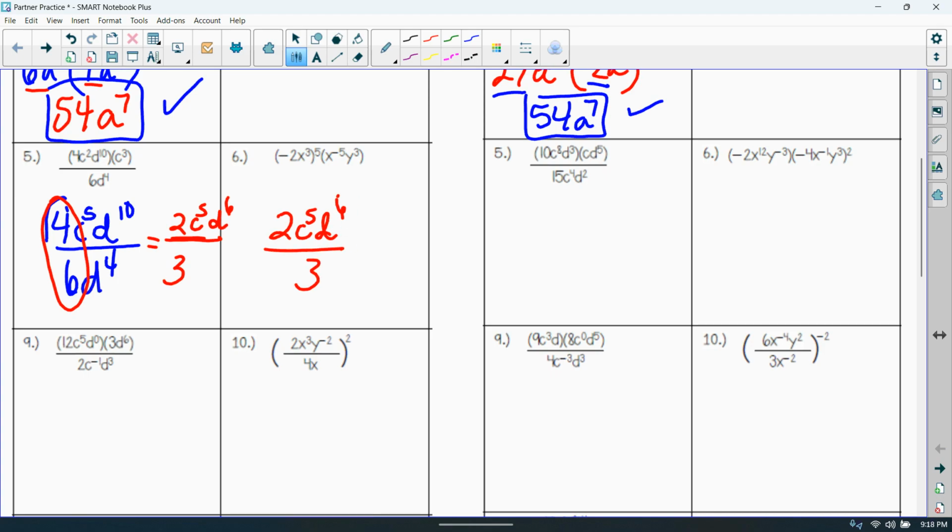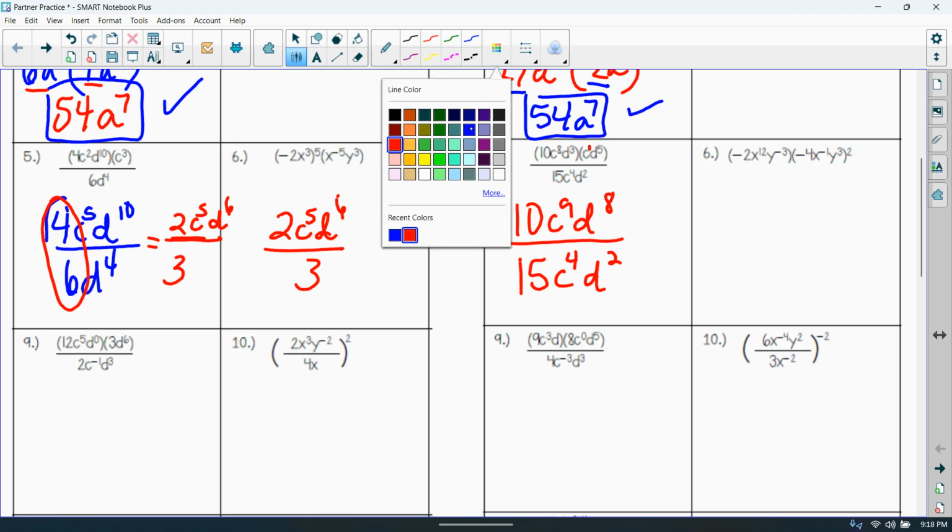And then you want to check that with problem number 5, partner B here. So the 10, we would have c to the 9th power, because we're multiplying here, so we're adding the exponents, and this is d to the 8th power, all over 15c to the 4th power, d to the 2nd power.